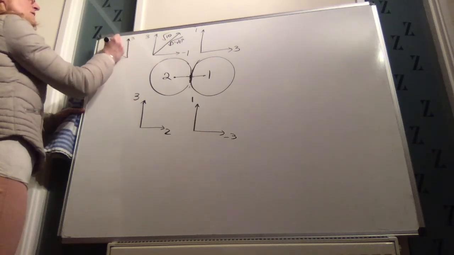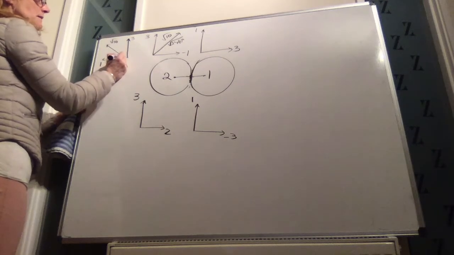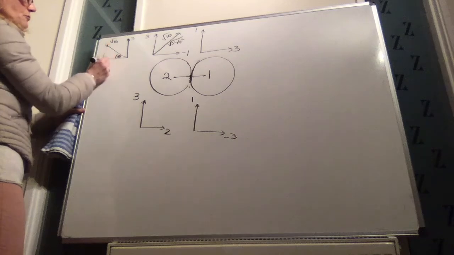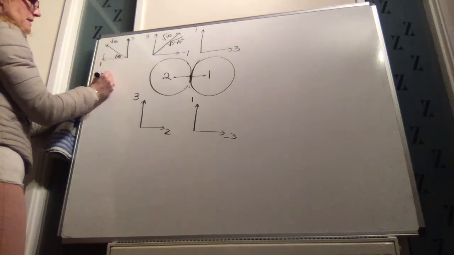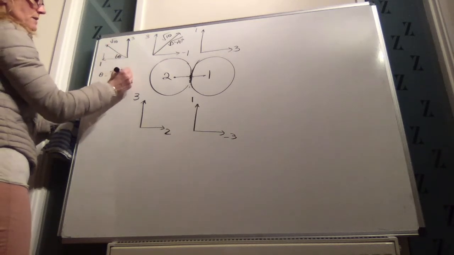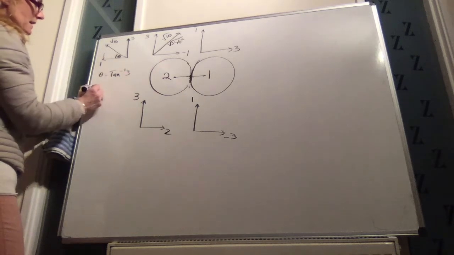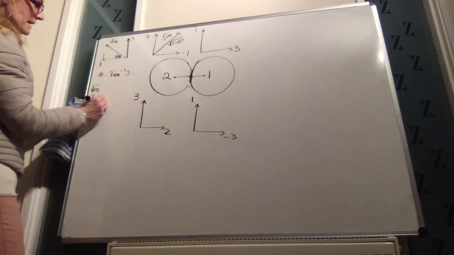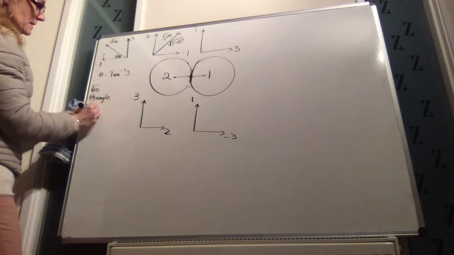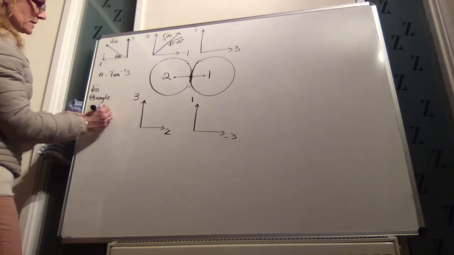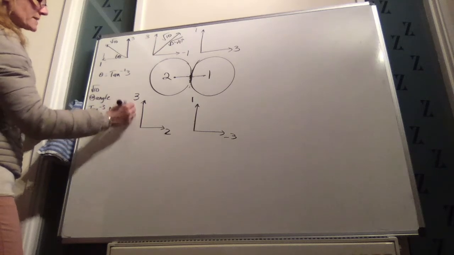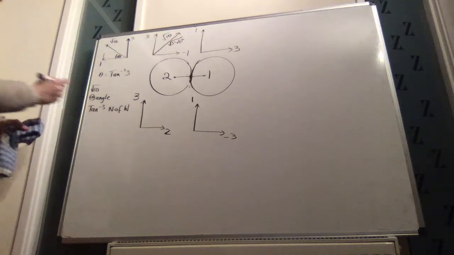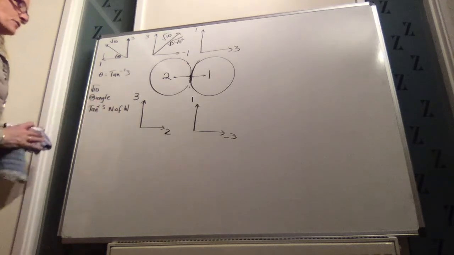The tan of this angle is 3 over 1. So theta is the tan inverse of 3. So we can say the velocity of that has magnitude the square root of 10 at an angle tan inverse 3 north of west. Obviously, you'd have to look up the tan inverse of 3.